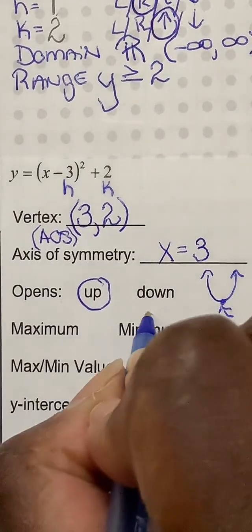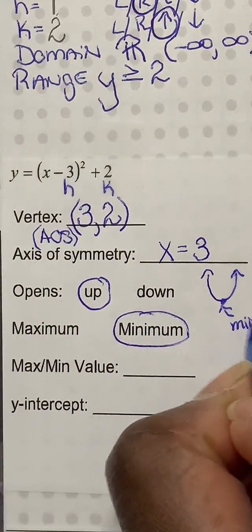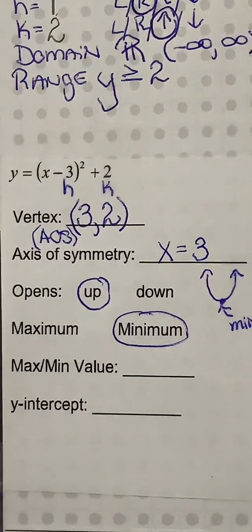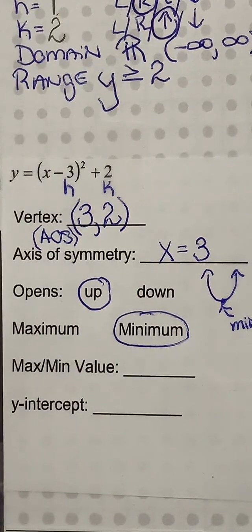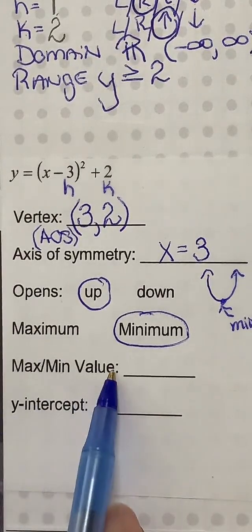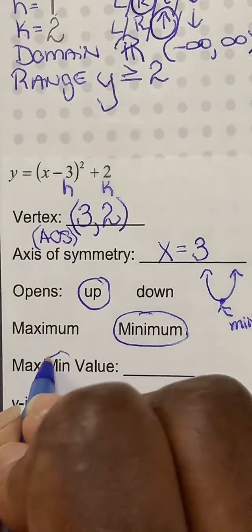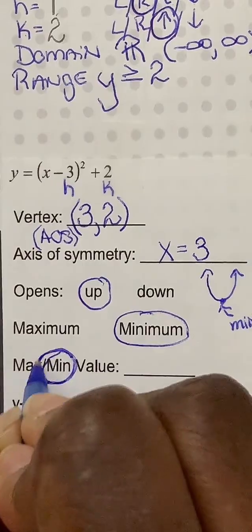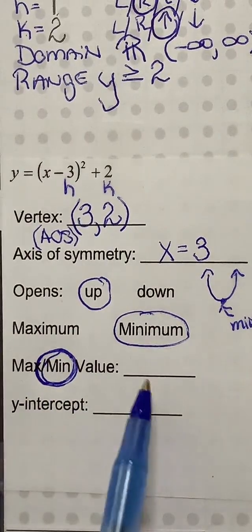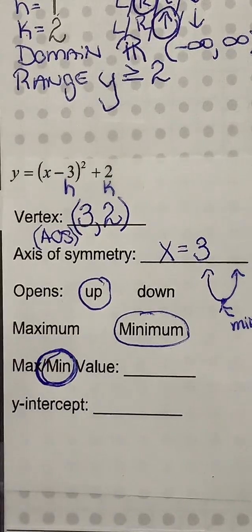That's going to be my minimum. Okay, good. Now, the max or the min value, which since we have a minimum, is going to be the min value. So basically, what is my lowest y value?